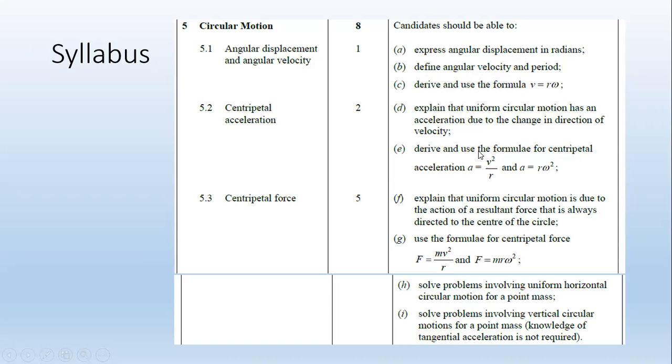Then we are supposed to derive this equation and this equation. Under centripetal force, explain that uniform circular motion is due to the action of a resultant force that's always directed to the center of the circle. Use the formula, and then solve.